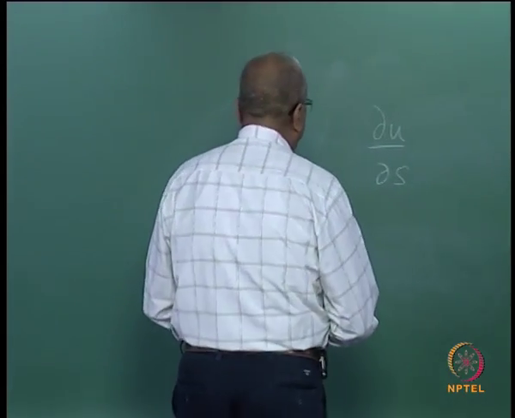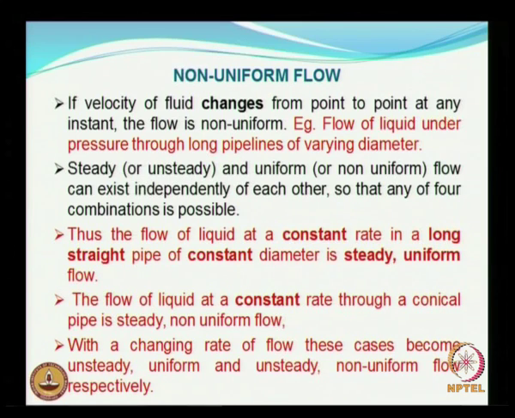Now non-uniform flow. If the velocity of the fluid changes from point to point at any given time instant, and when I say velocity it also includes the other properties of the fluid, then it is called non-uniform flow. The ones with the red color font show only examples for the different kinds of flows.